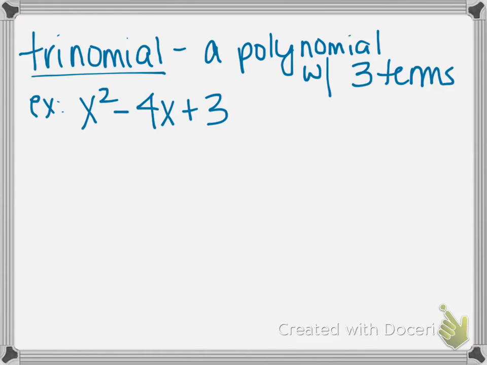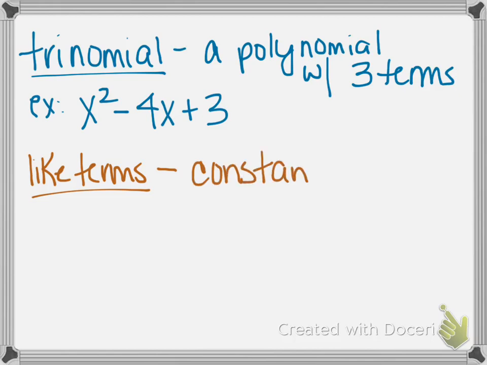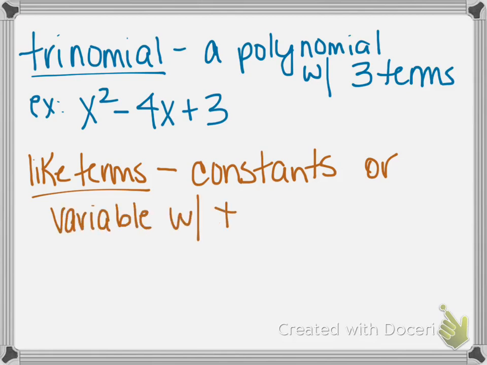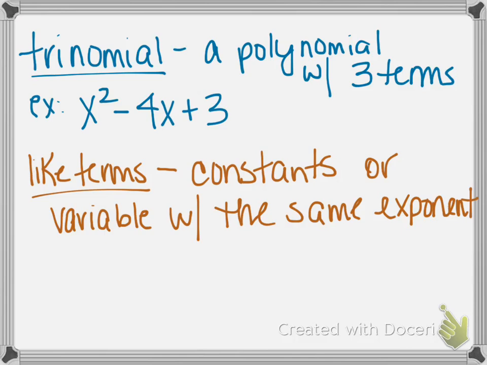Okay, so moving away from the nomials for a minute, we have like terms, which you have heard and used many times before. Like terms could be your constants, which are just your numbers, or they could be variables with the same exponent. So you could have 10 plus 4.